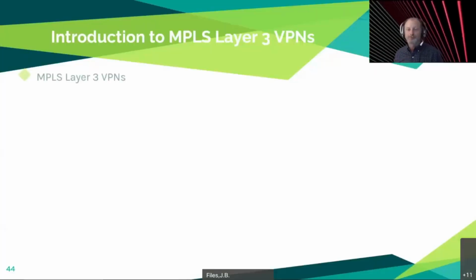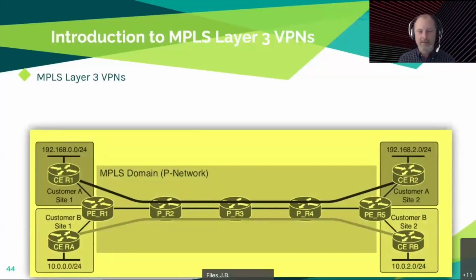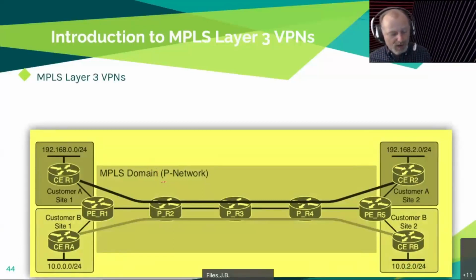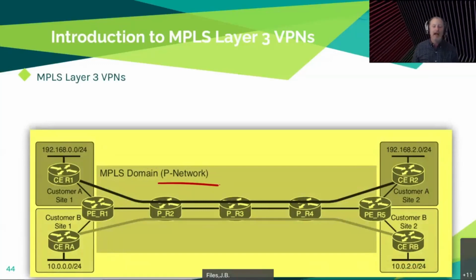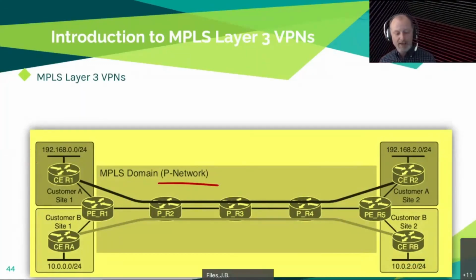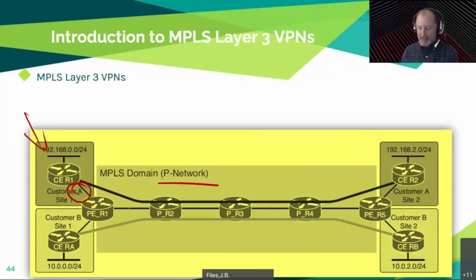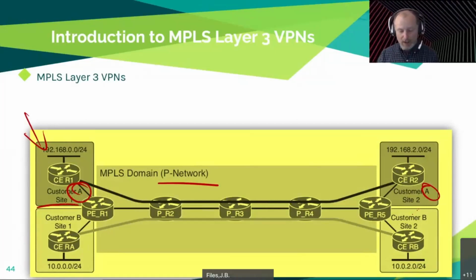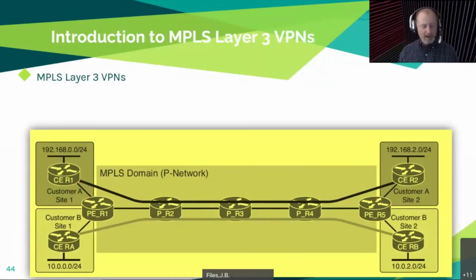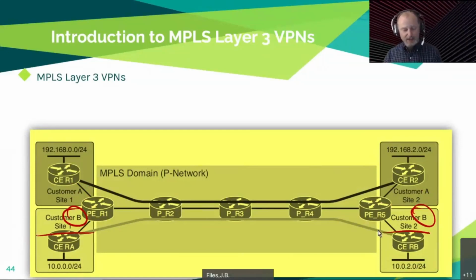Okay, so here we have the MPLS domain, which we are also now going to call the P network or the provider network. Okay, and then over here we've got the customer network. So we have customer A, site 1, site 2. Okay, and then we've got customer B, site 1, site 2.